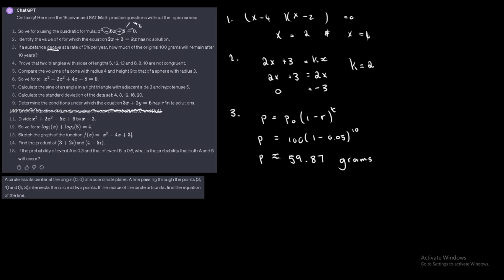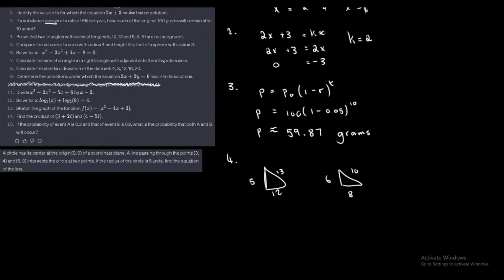Let's look at number 4. Prove that two triangles with the side lengths are not congruent. Where we have 5, 12, 13. And then we have 6, 8, 10.